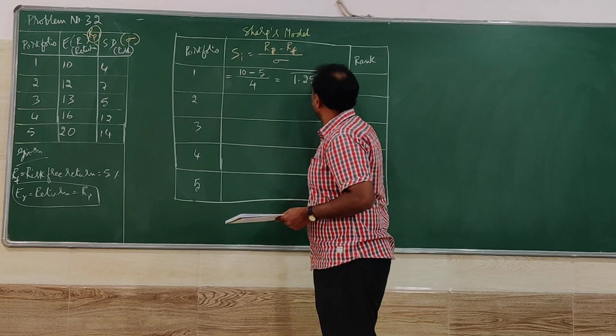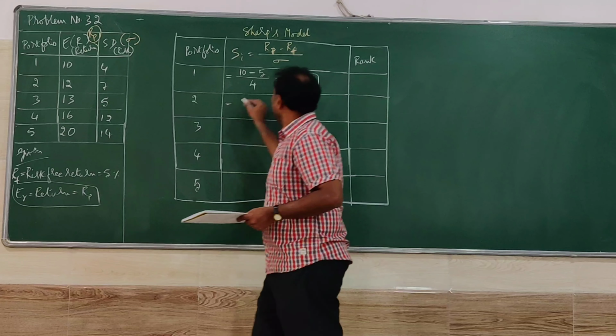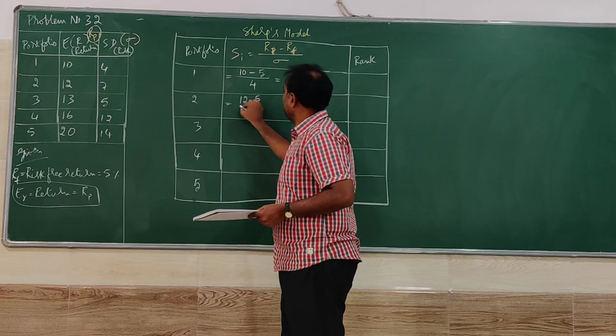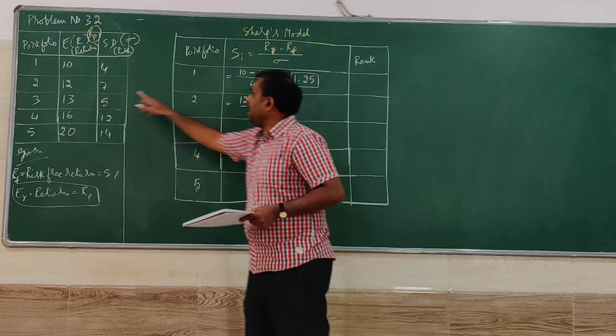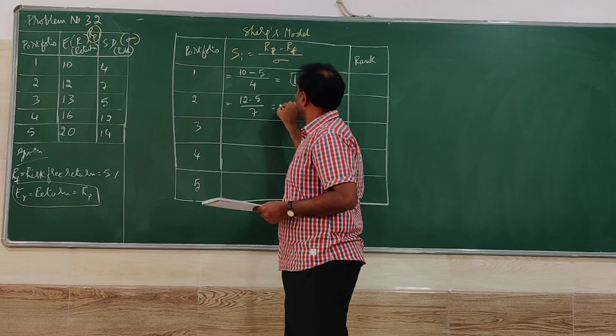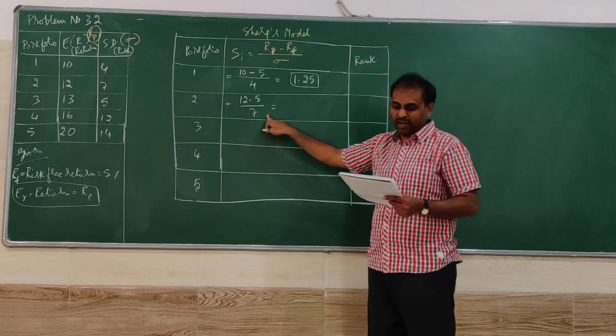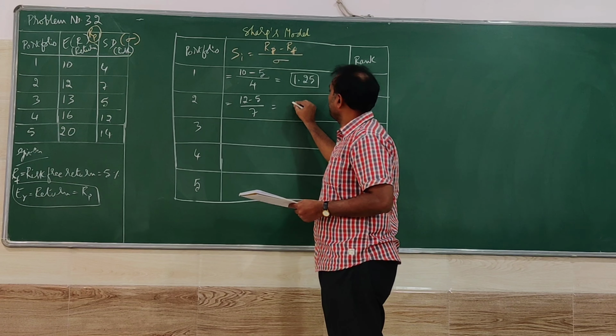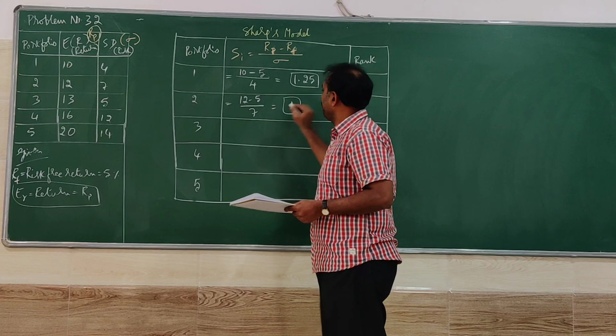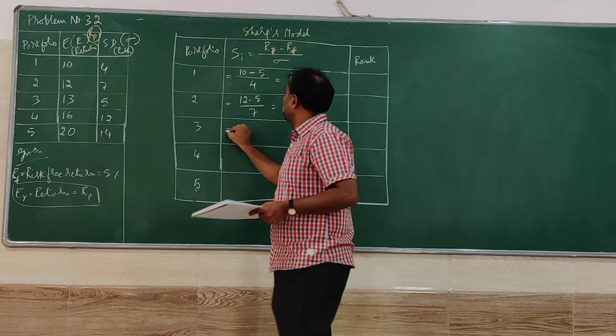The second one, 12 minus 5 divided by 7. So 12 minus 5 divided by 7 is 1. Similarly, 13 minus 5 divided by 5.